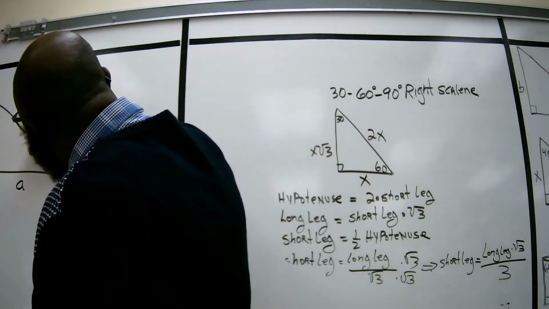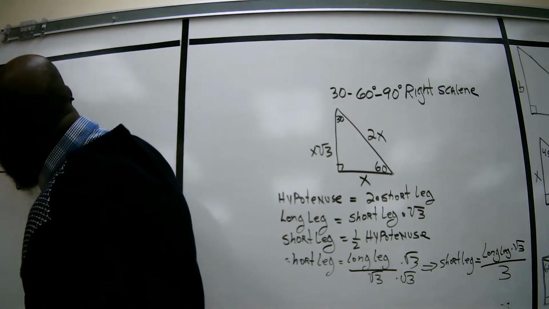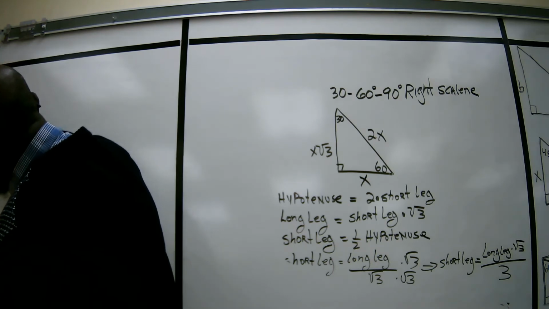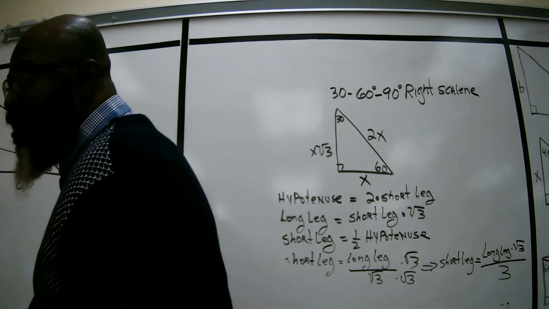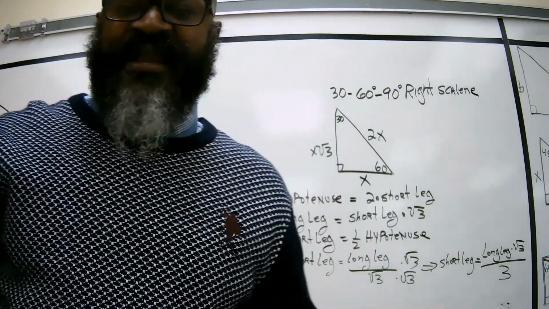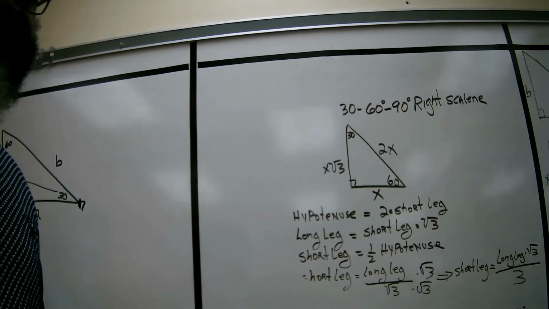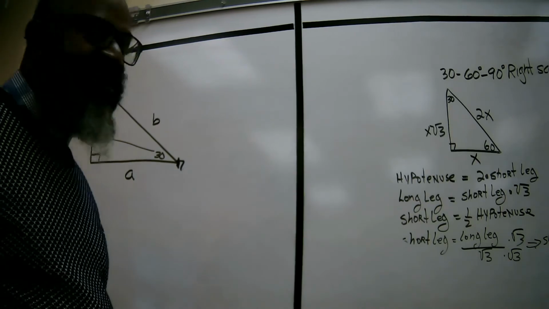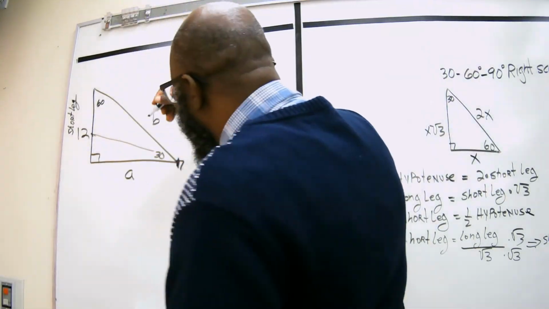If I look opposite to that, 12 is my short leg. The short leg is always opposite to the 30-degree angle. Now, I can identify my long leg. My long leg is opposite to the 60-degree angle.